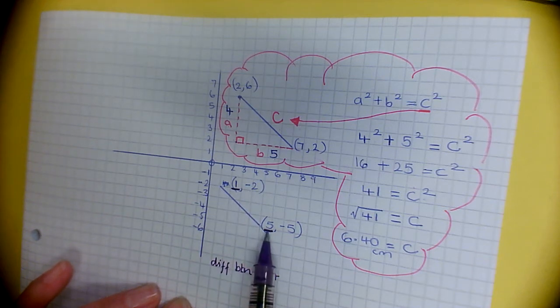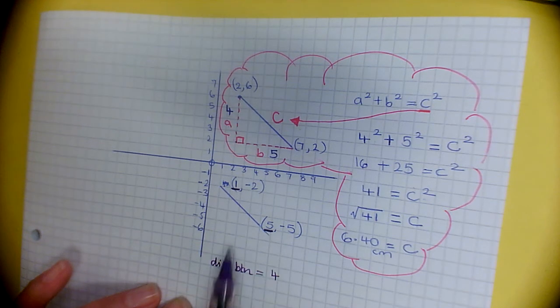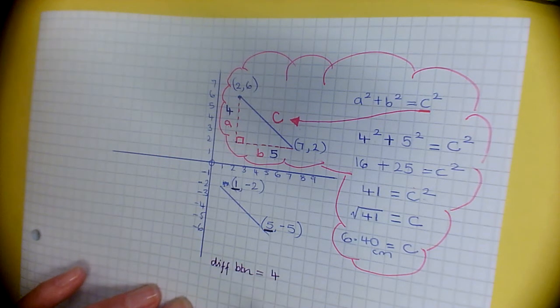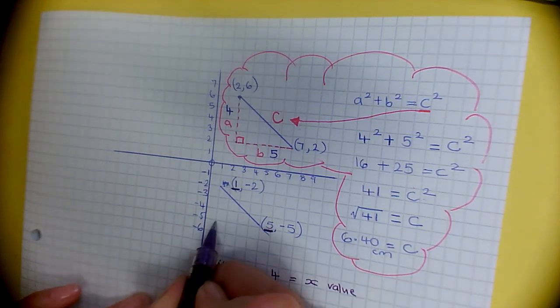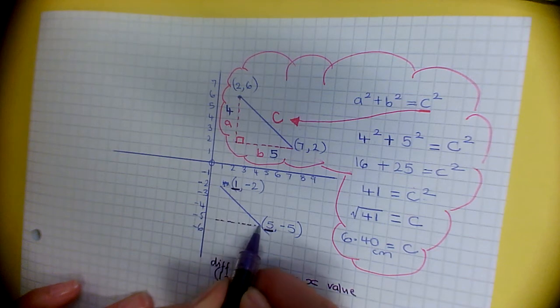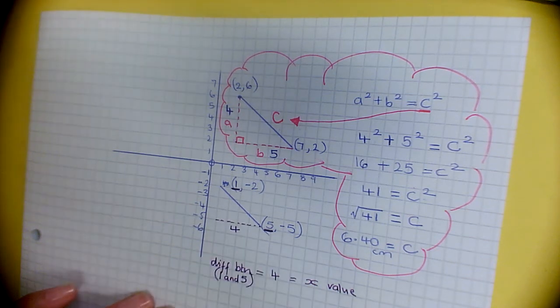So 4 and 1, if we added those together, would give us that 5 there. And we can just do that by looking at the difference. We don't need to do that little counting exercise. So the difference between 1 and 5 is 4, which means that's the x value. So it's this one here. I'm going to use a dotted line, is 4.